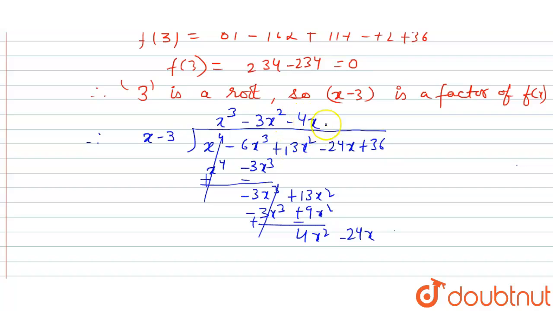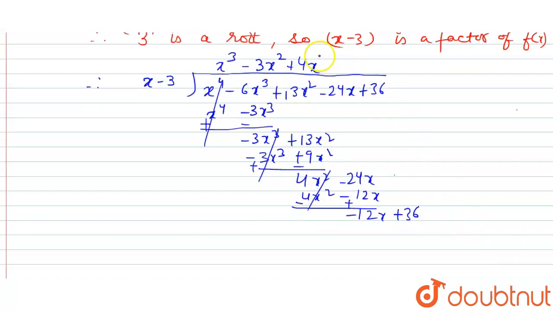From here we get plus 4x, and 4x square, and here we get minus 12x. When we solve, the sign changes, we get minus 12x plus 36.